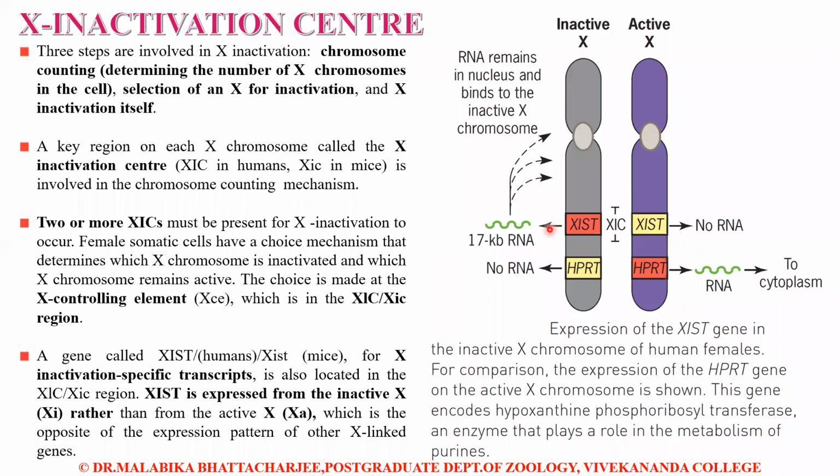Here a comparison has been shown. The X chromosome which is to be inactivated, all the genes of that chromosome are also inactivated except XIST. While in case of the X chromosome that remains activated, the XIST gene is inactivated here, but all other genes remain active.